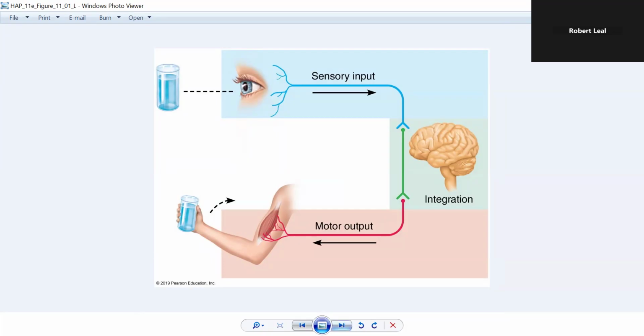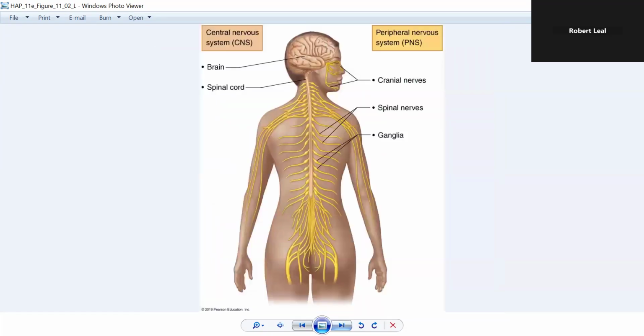Okay, so they're going to break down the nervous system into certain divisions. One of the divisions here is called the central nervous system. Your central nervous system consists of the brain and the spinal cord. Then the other division is referred to as your peripheral nervous system.